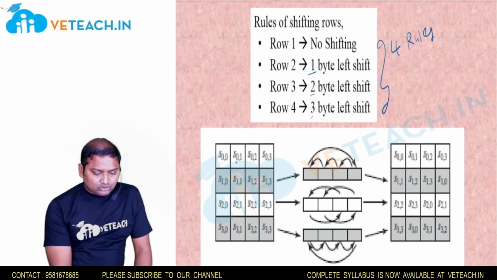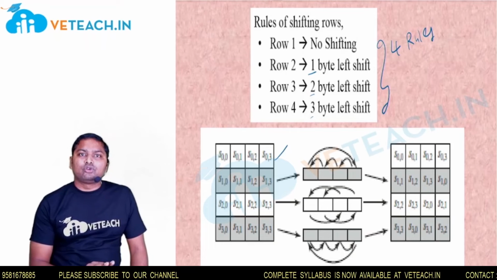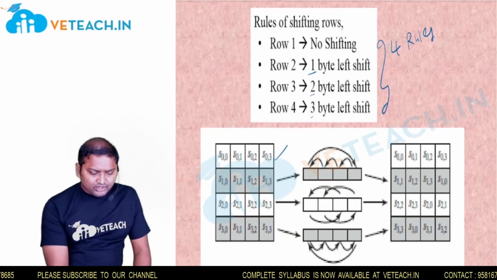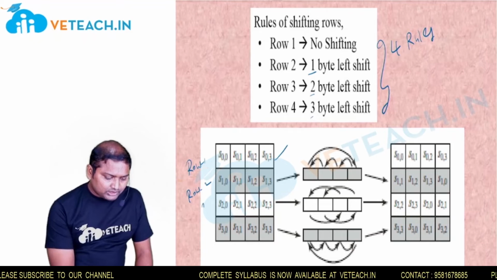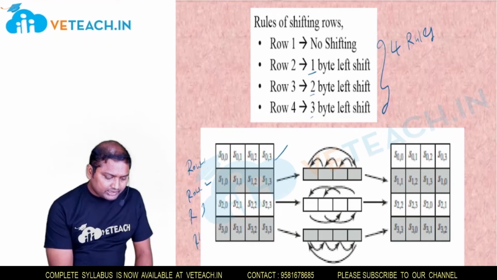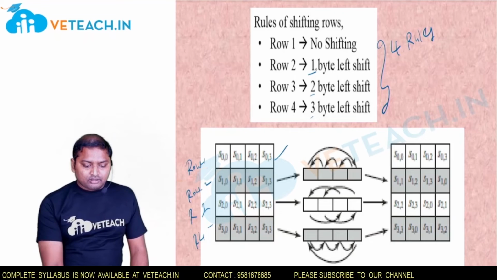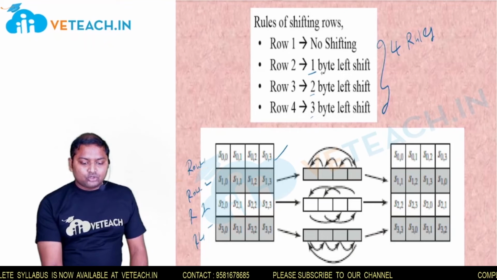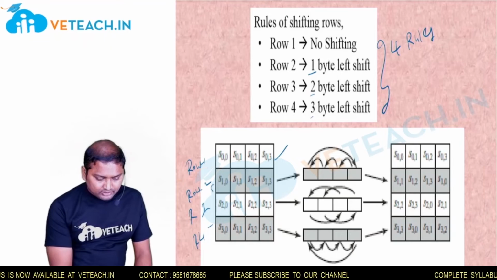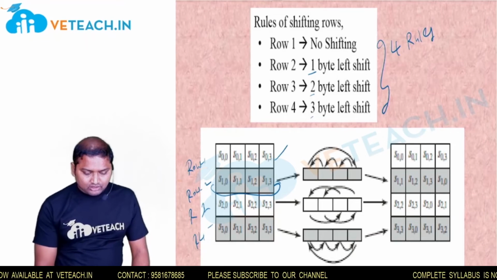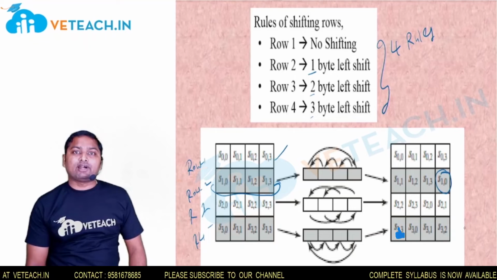Suppose S00, 01, 02, 03. So row 1, there is no shifting. So no need of doing left shift. Now this is row 1, this is row 2, this is row 3, and this is row 4. In row 2, I need to do 1 left shift. So observe this output here. S10 comes here. This is 1 left shift.